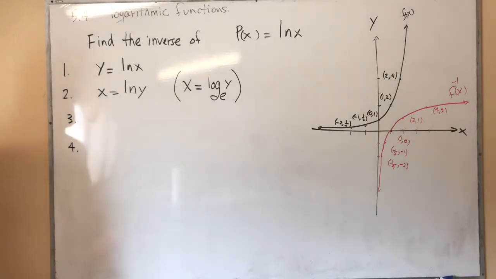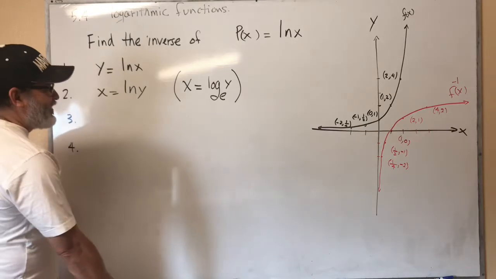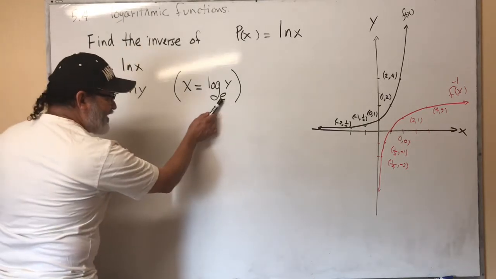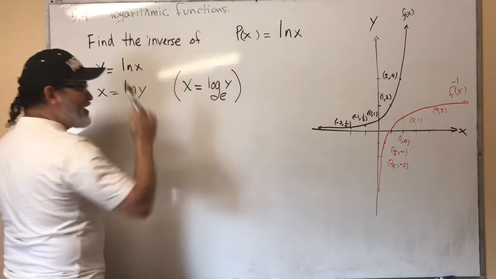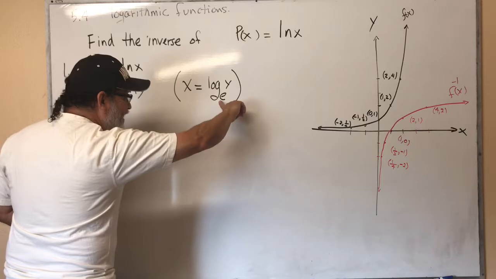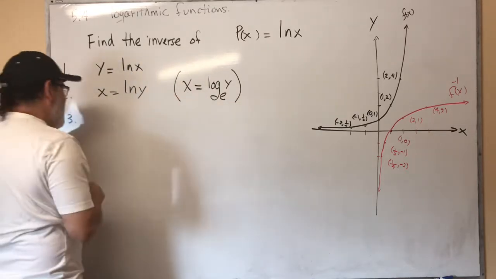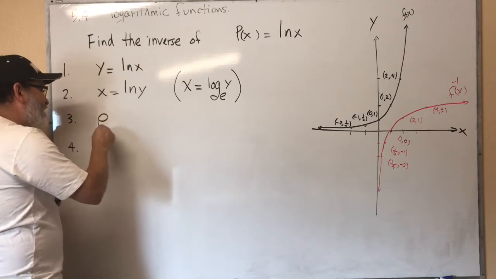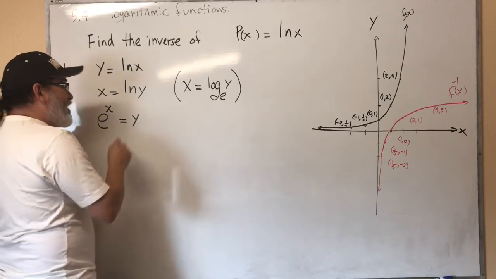Now we can solve for y. This is the base, this is the power, and thus the argument. This base goes under this power. E to the power x equals y.